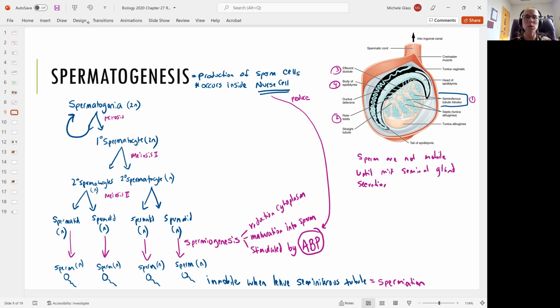Remember, we said that the seminal gland secretions make up about 60% of the total semen or ejaculate. It was high in fructose. So that's the sugar needed for these cells to make the ATP needed to actually propel the flagella. We can say too that the sperm make up about 5% of the total volume of the ejaculate or the semen.